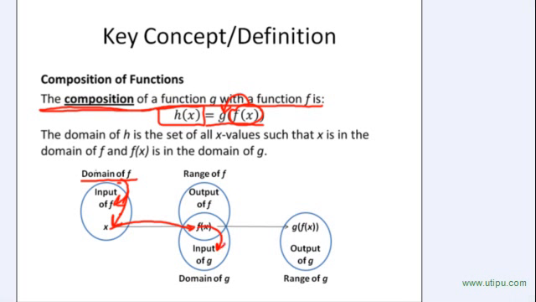And you might remember domain is the input of a function, range is the output of a function. So then what we do is f of x becomes the input of function g, so we plug it in to function g, and what we get as a result is the output of function g, or the range of function g. Let's look at some examples of compositions.